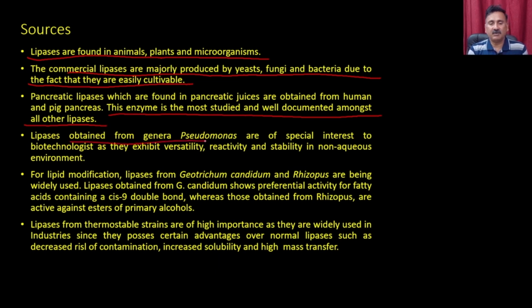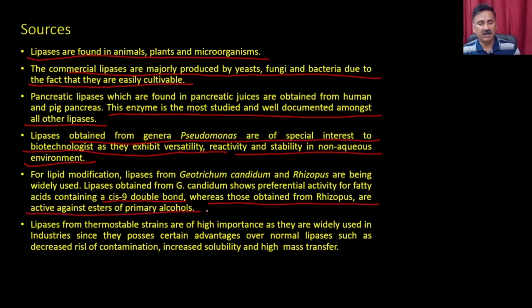Lipases obtained from Pseudomonas are of special interest to biotechnologists as they exhibit versatility, reactivity, and stability in a non-aqueous environment. For lipid modifications, lipases from Rhizopus are widely used. Some lipases show preferential activity for fatty acids containing a cis-9 double bond, whereas those obtained from Rhizopus are active against the ester of the primary alcohol.